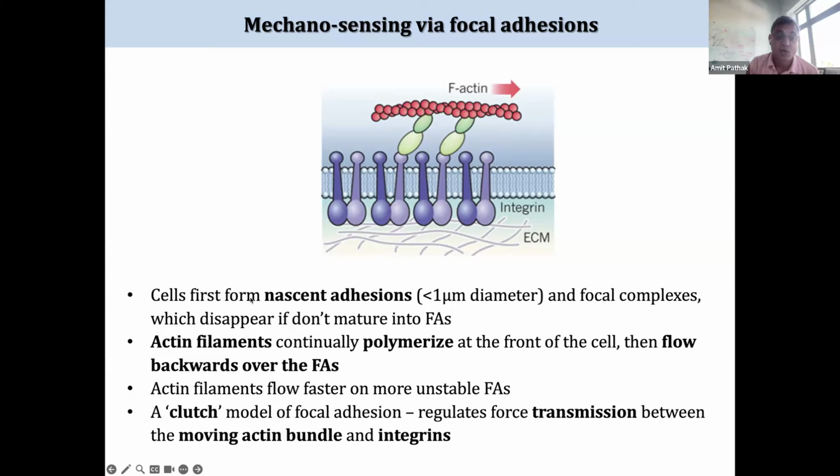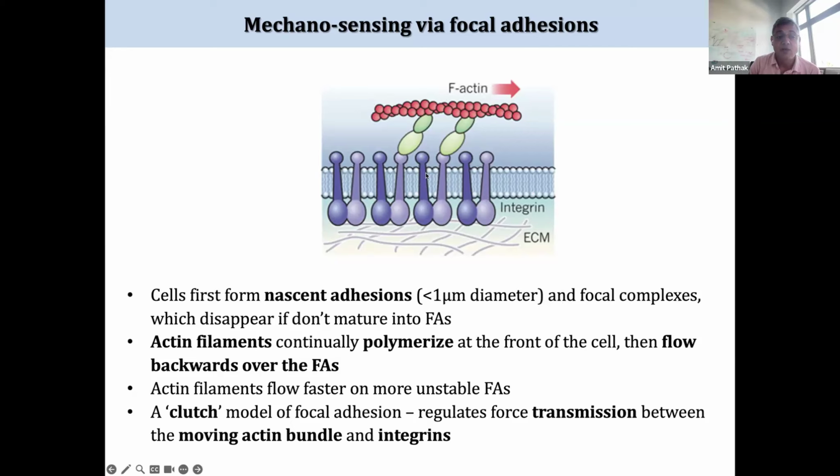The ones that do not mature, even though the receptor-ligand bond is made, are called nascent adhesions, meaning there's a promise of adhesion, but the conditions didn't arise for it to become something else. These are smaller, let's say less than 1 micron in diameter. Then they become focal complexes, meaning multiple integrin ligands come together and make a little focal complex.